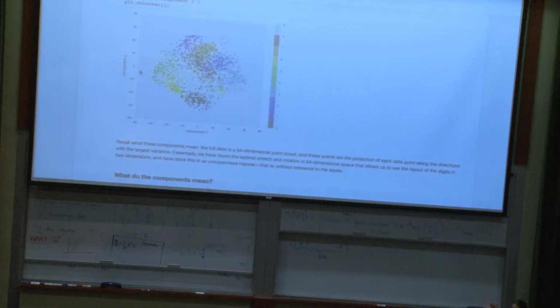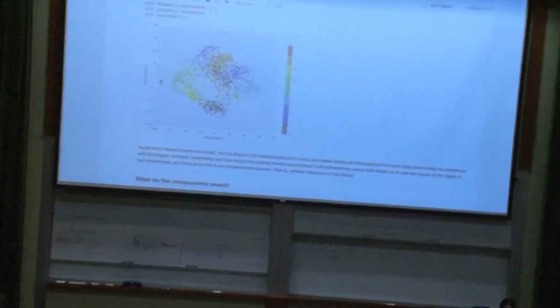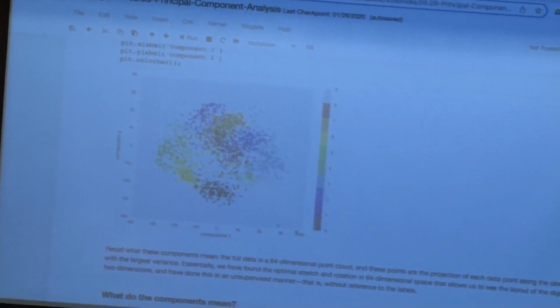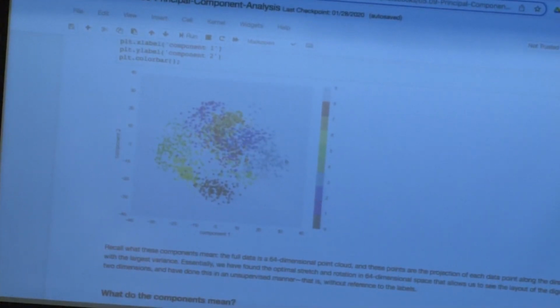Each of the colors corresponds to a cluster for a particular digit. For example, the 0s are all here, the 1s are all these purple guys, the 2s are all these dark blue guys, the 3s are all these light blue guys, and so on. And you can see that things that are similar are clustering together. All of the 3s are close to each other when projected into the principal components dimensions. Does everyone see that?